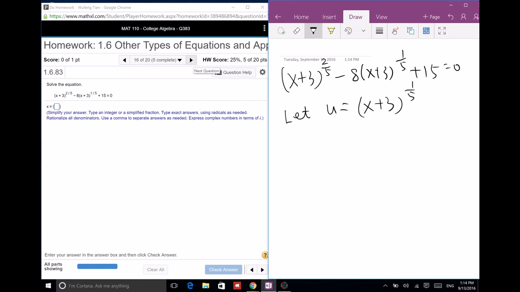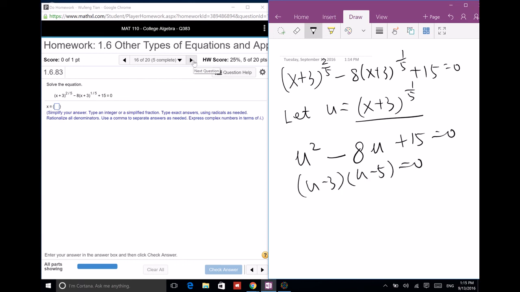So basically this one will be u squared, right? It's squared here, it's 1/5 then squared. So this is u squared minus 8u plus 15. And you solve that, you got (u minus 3)(u minus 5) equals 0. So you got u equals 3 and u equals 5. Then you plug it back in here, solve that.